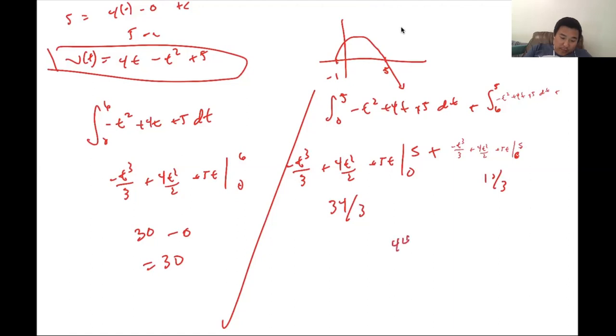There's 44 over 3. No, this is 100 over 3, so it's 110 over 3. It's approximately 36.66.